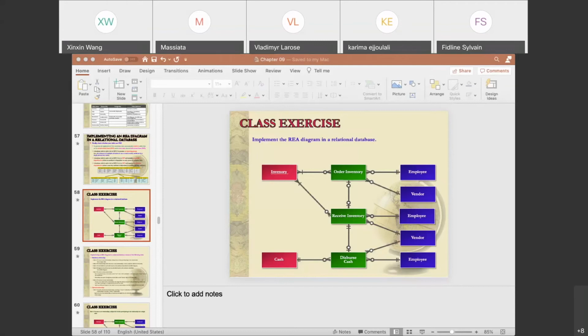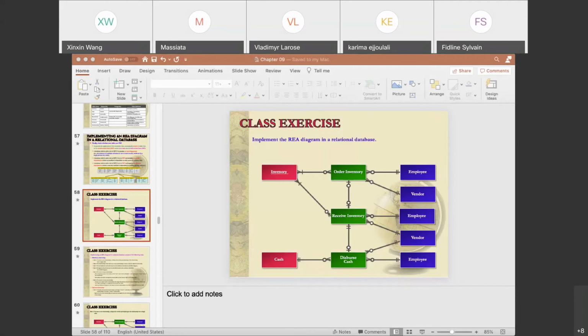Inventory, customer ID or employee ID? No, vendor ID, employee ID. I think the employee ID is the foreign key on the second table. No, the primary key was employee ID. Now the foreign key.